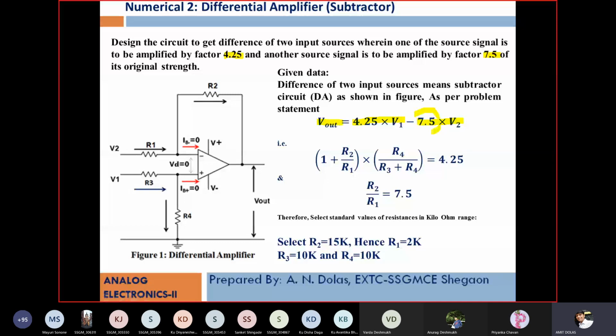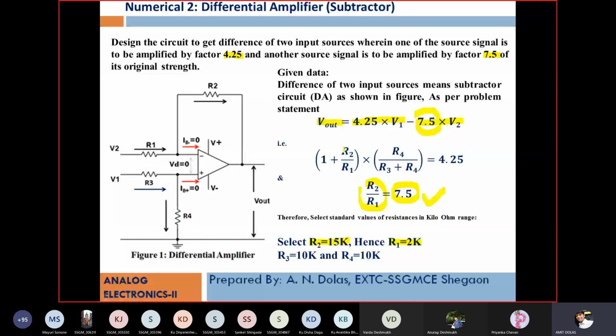So we'll calculate R2 by R1 first, which is equal to 7.5. I've used R2 15k, deliberately I told one value so that we can tally. So one of the answers came, that is R1 is equal to 2k. So obviously it will provide you 7.5 multiplying factor for V2.